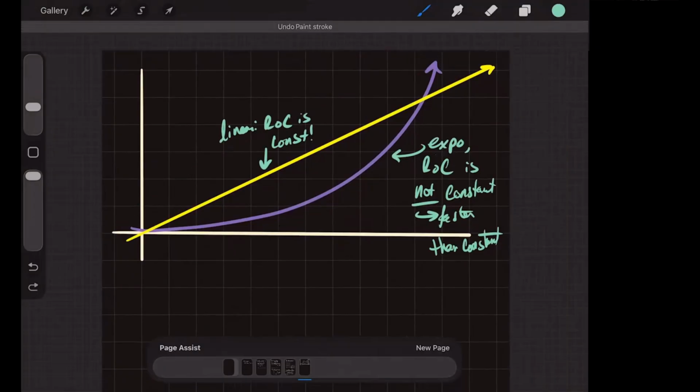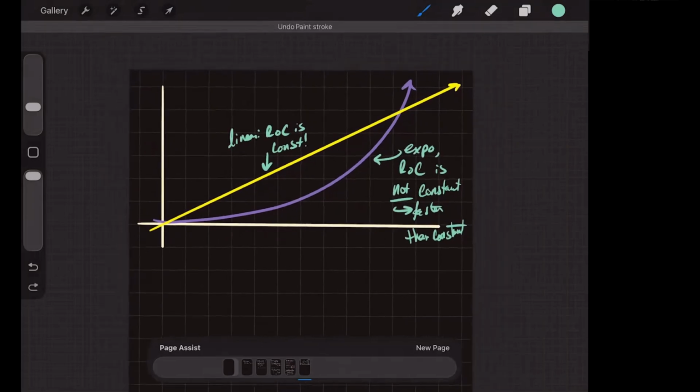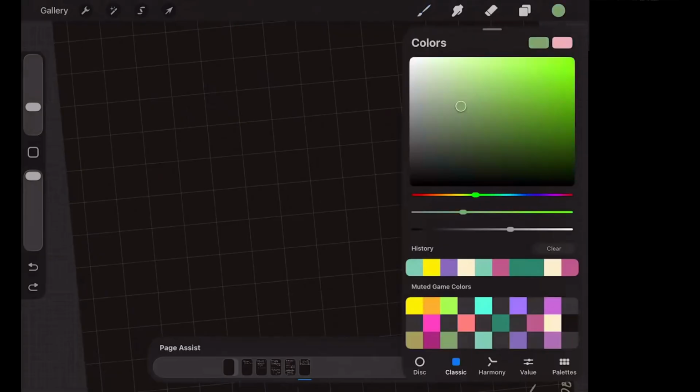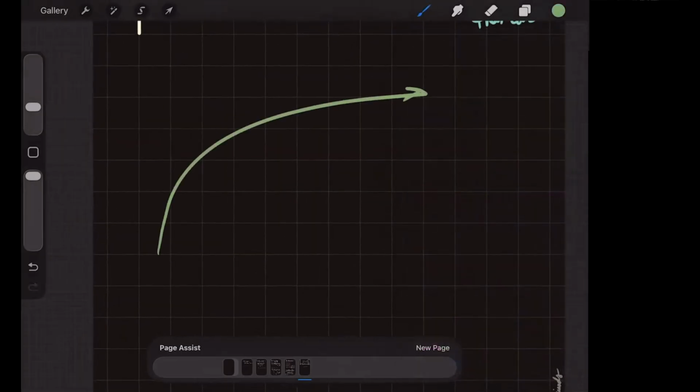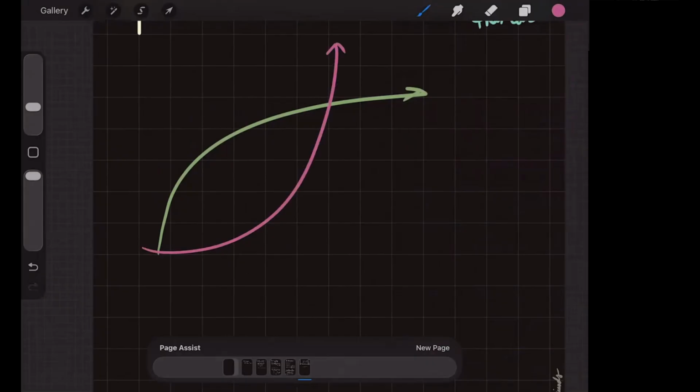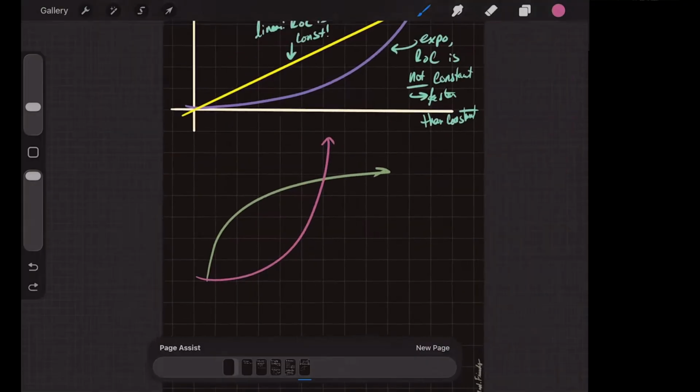The purple one is increasing at an increasing rate. The yellow one is increasing at a constant rate. Do you see the difference? Another way of looking at it is a function like this is most definitely increasing, but it's increasing at a decreasing rate. It's diminishing returns, if you will. For those of you who work out, plateauing. Versus a function like this, which is increasing at an increasing rate. Every time it goes up even more than it did before, right?